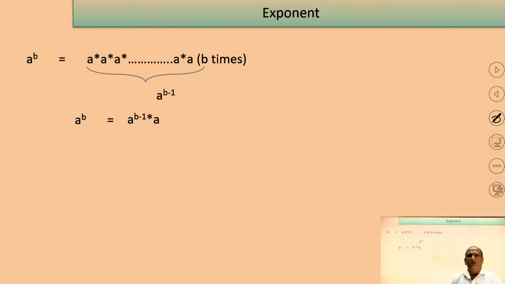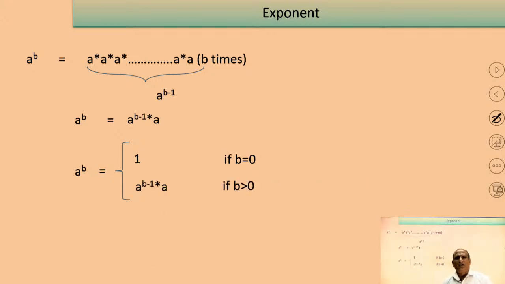For that I may devise a logic that if the value of exponent is 0, the value of power will be 1, whatever the base is. If the exponent is 0, the power function must return 1, and if it is greater than 0, then it must return a into a to the power b minus 1.